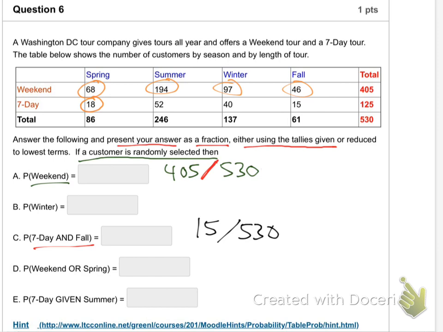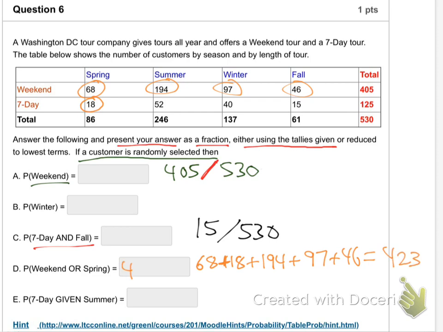So I'll just go 68 plus 18 plus 194 plus 97 plus 46. 405 plus 18. 7 plus 46. I'm getting 423.